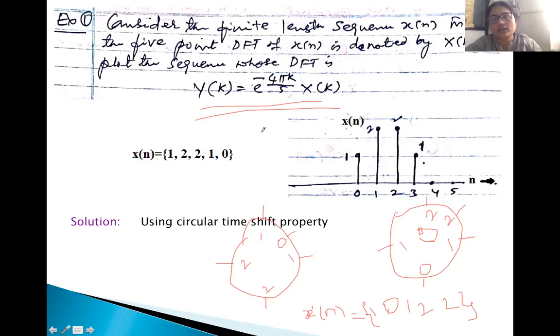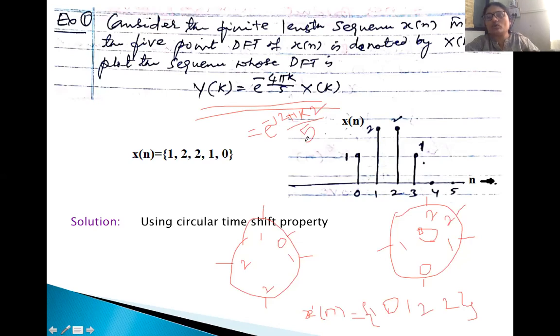What is that? It is e raised to minus j, as it is. 2 pi as it is. K as it is. And now l we want to find out. So here this is 4, so it is 2 multiplied by 2. So the value of l which we have calculated is 2 divided by 5.